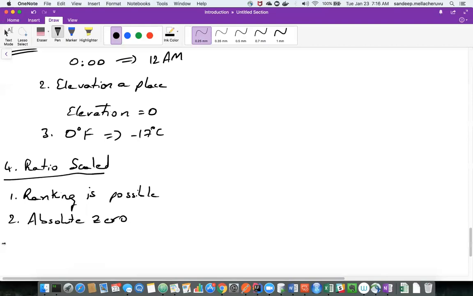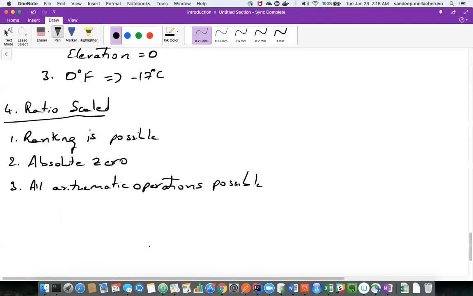It is not an arbitrary 0. You convert it into any scale, you'll still get a 0. And all arithmetic operations possible. You can do a subtraction, you can do addition, everything is possible.